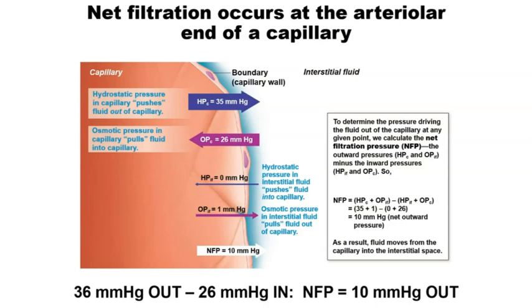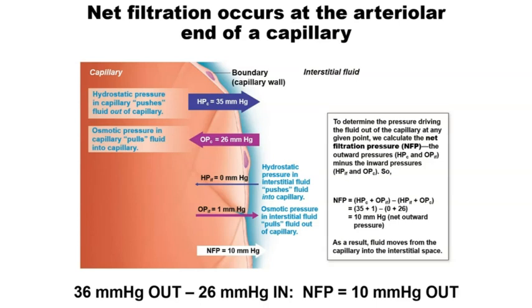We also see that protein in the tissues creates an osmotic pull of 1 millimeter of mercury out of the capillaries. We can add this pressure to the hydrostatic pressure of the capillary, because both of them are outward pressures, for a total pressure of 36 millimeters of mercury of pull out of the capillary.